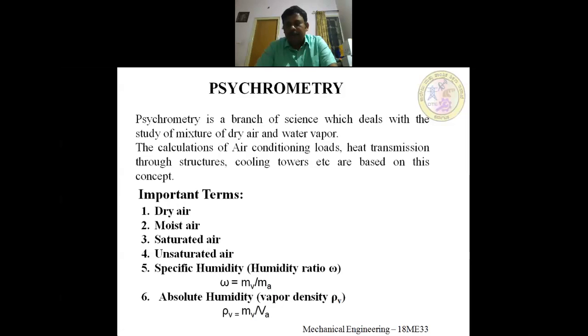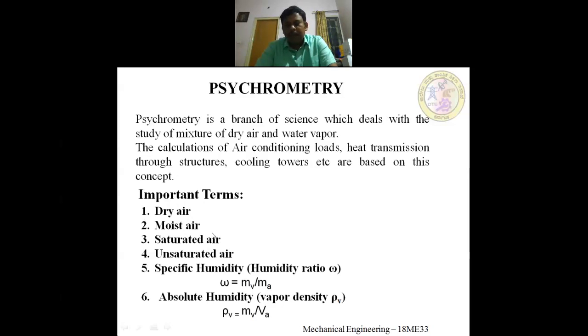Dry air here means oxygen, nitrogen, carbon dioxide, argon, some of these gases. So dry air is the air which does not contain water vapor or moisture.